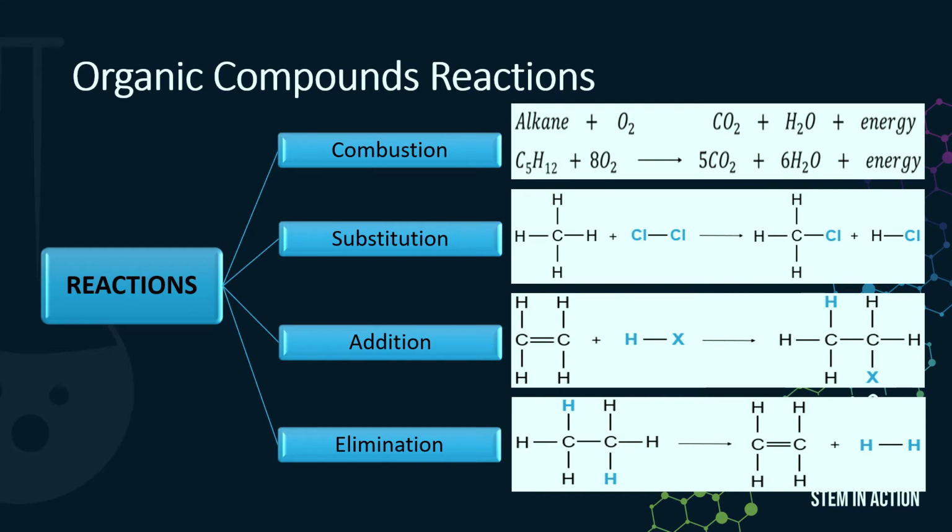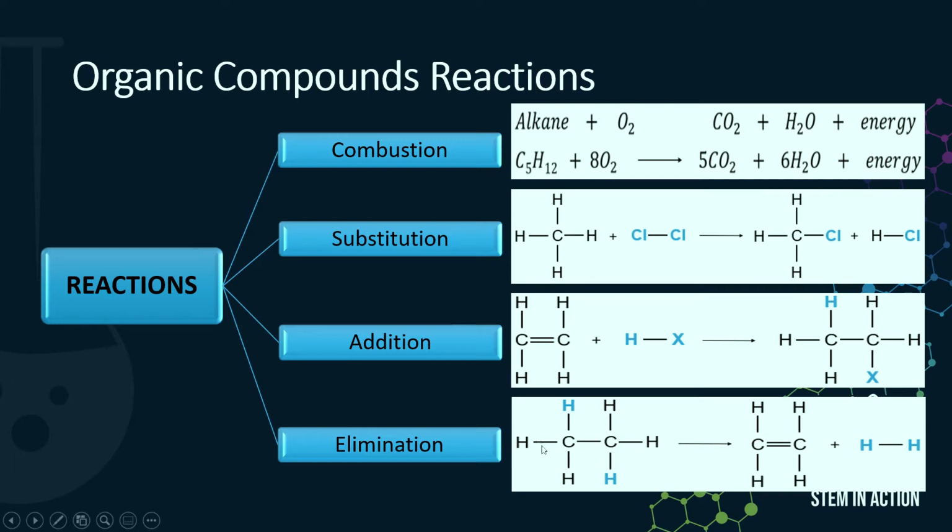Elimination reaction happens to saturated hydrocarbons, whereby we remove, so to eliminate is to remove something. We remove an atom from a saturated hydrocarbon, and we end up with a double bond or an unsaturated molecule.